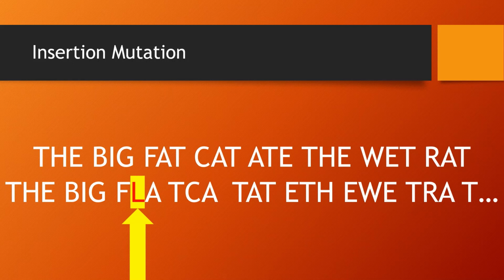Not always, but generally that would be the case. And you get a drastically different protein. As we can see, pretty much all of those words after the insertion of that nucleotide changed drastically as far as what the sentence says. So wherever a frameshift mutation happens, a whole bunch of amino acids are going to be messed up.